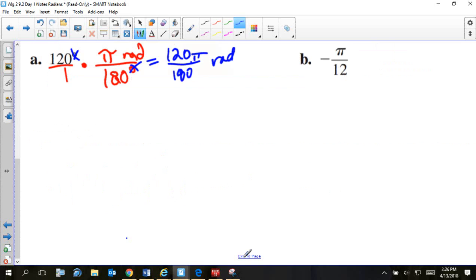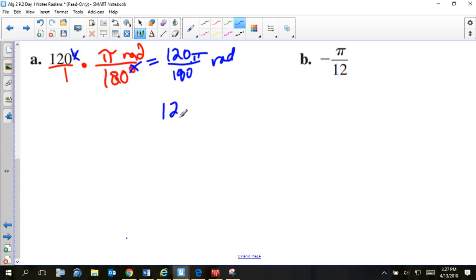What divides out of 120 and 180? What factors out? I can't hear you. What factors out of 120 and 180? They both end in 0. What factors out? Oh, you guys are way overachieving. What's so easy to factor out? 10?